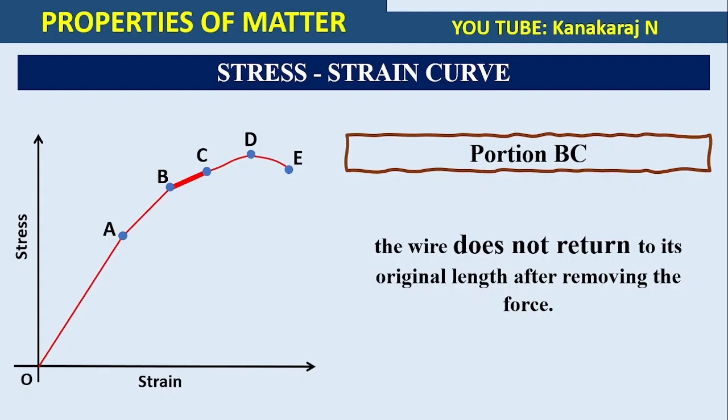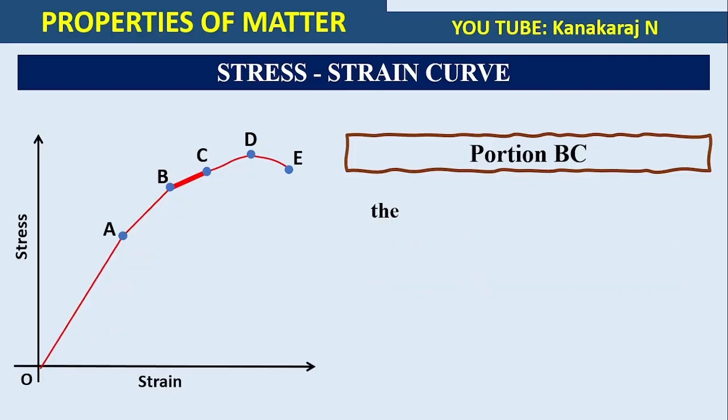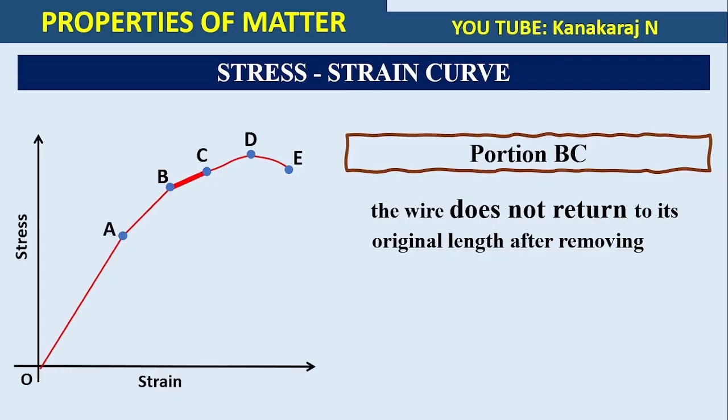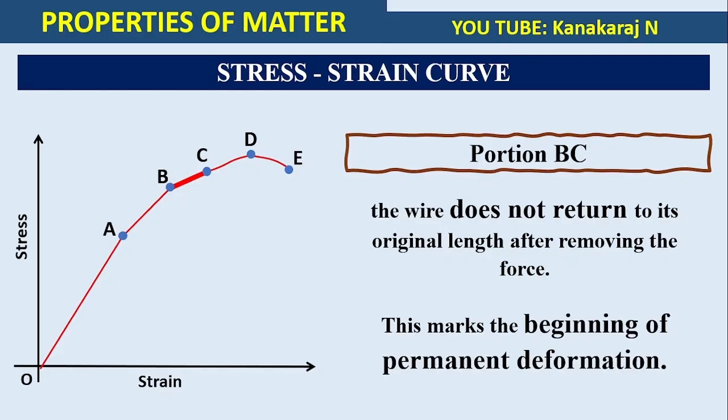Then we get a line that will not retrace its path but goes in a new path and reaches X. The OX is the permanent set. The wire does not return to its original length after removing the force. This marks the beginning of permanent deformation.